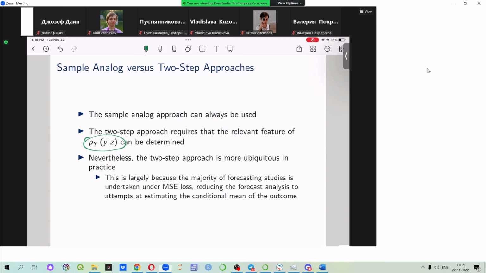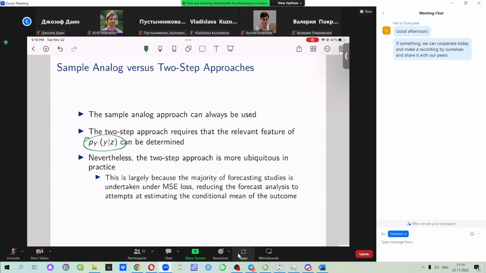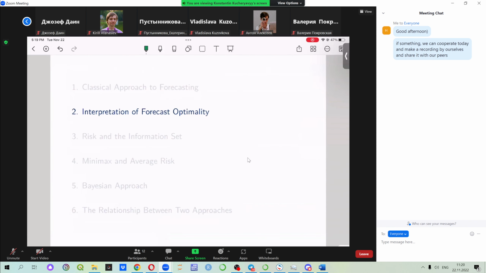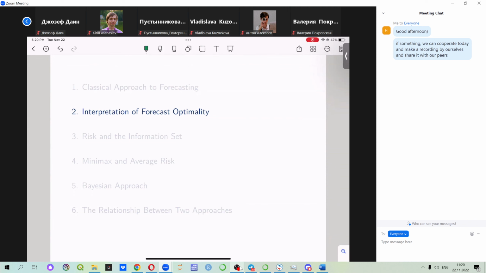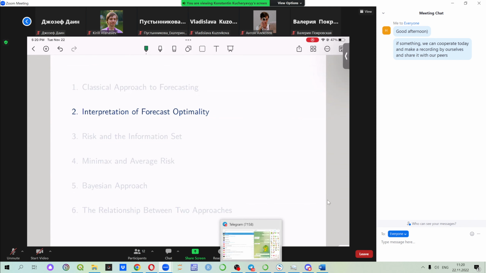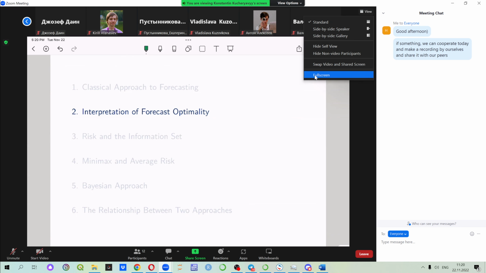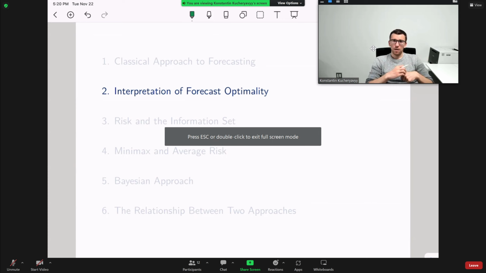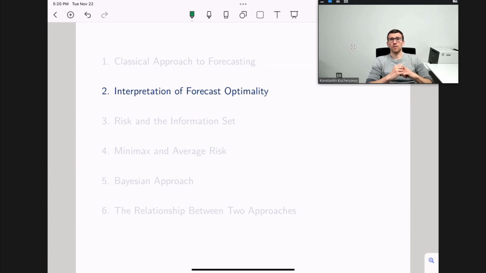We're still in the realm of this classical approach. We will now consider a very important point: how you should interpret forecast optimality, what it even means to have an optimal forecast. This is also a very important issue to think about.